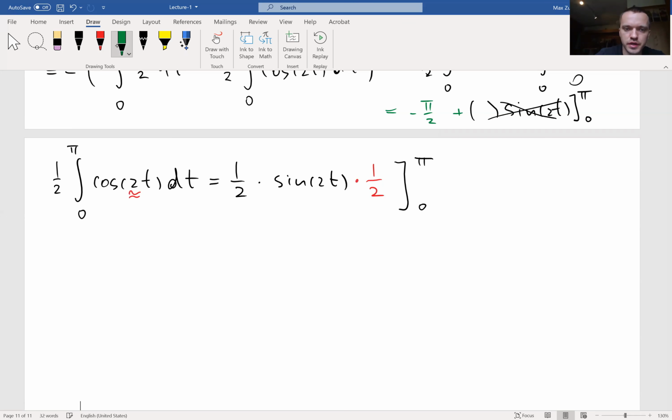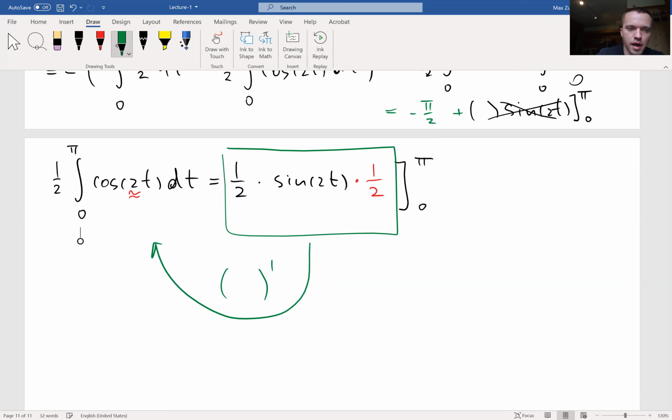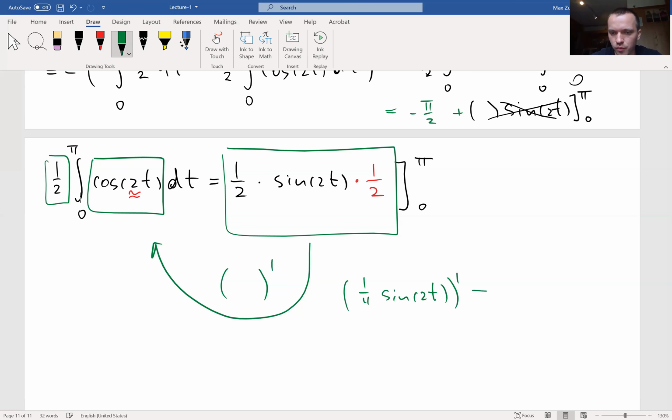And why is it true? Because the idea of integration, as you remember, is that if I take my answer and differentiate, I must obtain my original function over here. Let's take a look. If I had 1/4 sine of 2t and take the derivative, I'm going to have 1/4 cosine of 2t times 2, which equals 1/2 cosine of 2t.